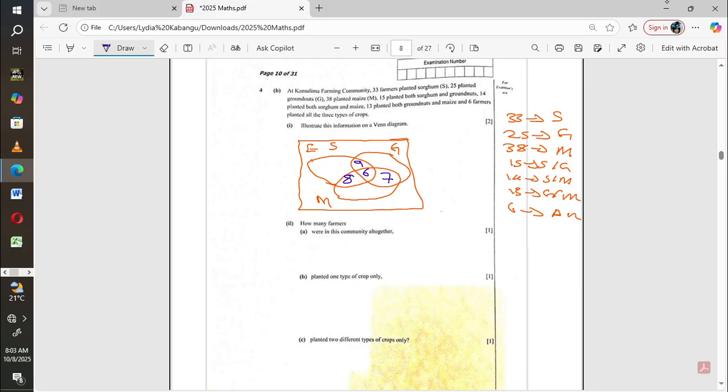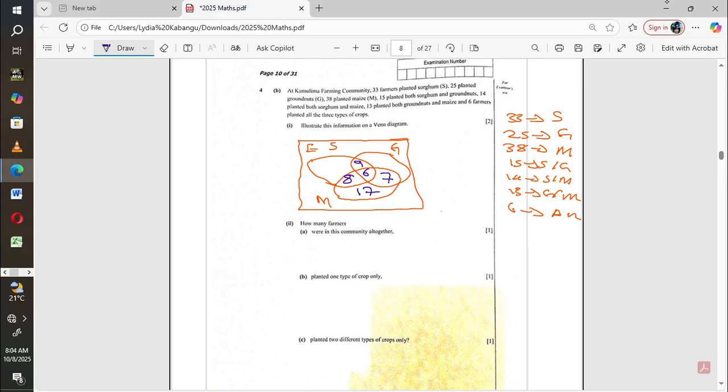So we add 8 plus 6 plus 7, which is 21, then we subtract it from the total of 38. We're going to have 17. So here it was 17 only.